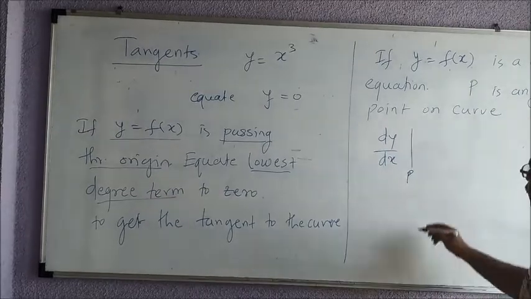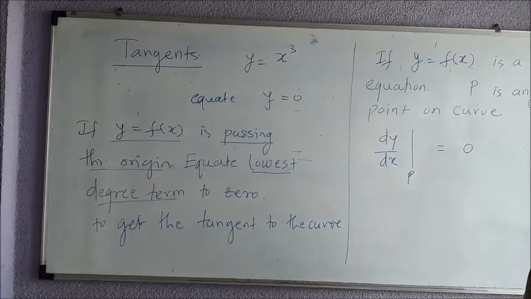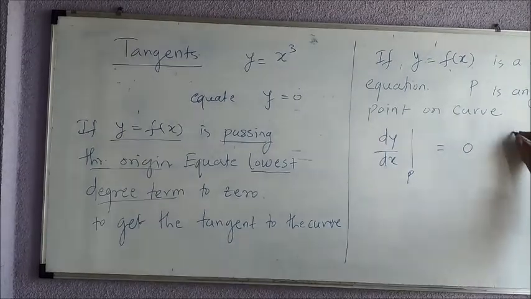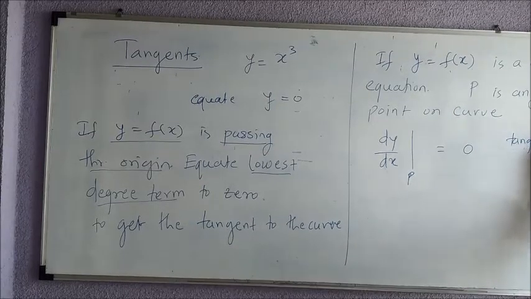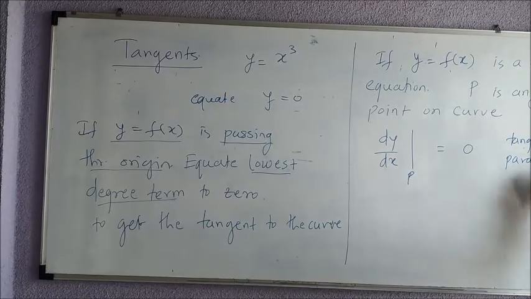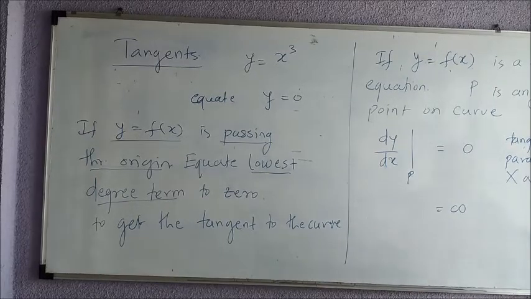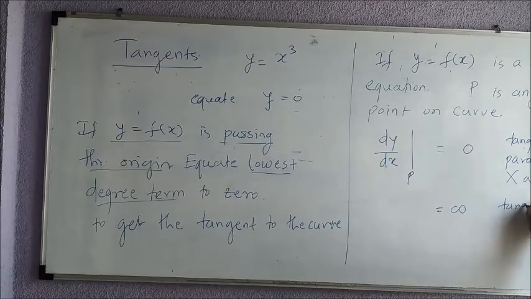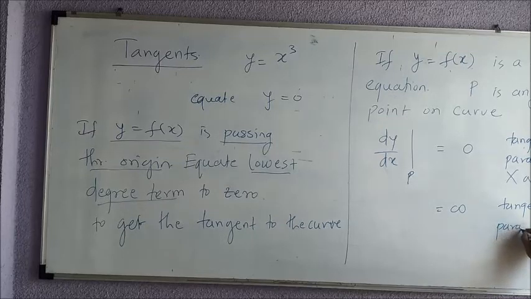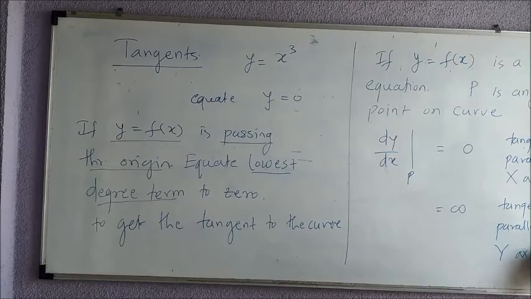If this slope is equal to 0, what do you say? Certainly the tangent has to be parallel to the x-axis. If this is equal to infinity, the tangent has to be parallel to the y-axis.